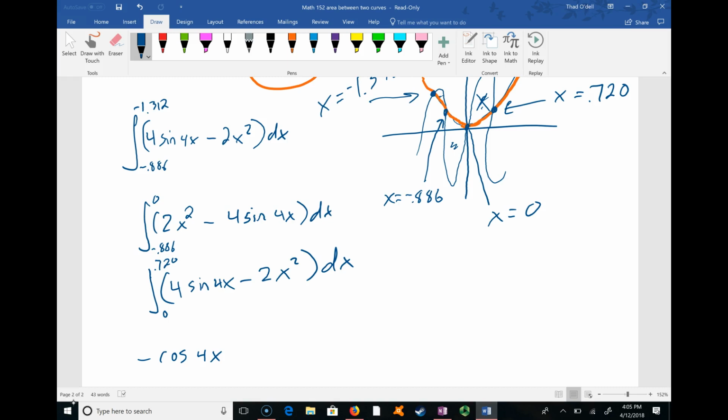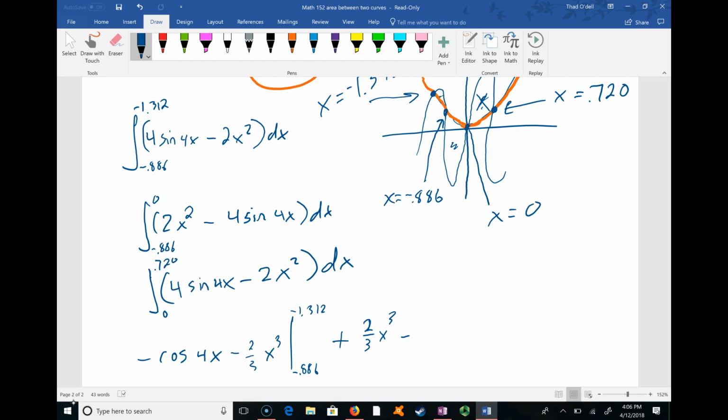And of course the integral of negative 2x squared would be negative 1/3 x, no, I'm sorry, negative 2/3 x cubed. And we're evaluating that from negative 0.886 to negative 1.312. And then we're going to add to that 2/3 x cubed minus, and that's going to be the same idea.